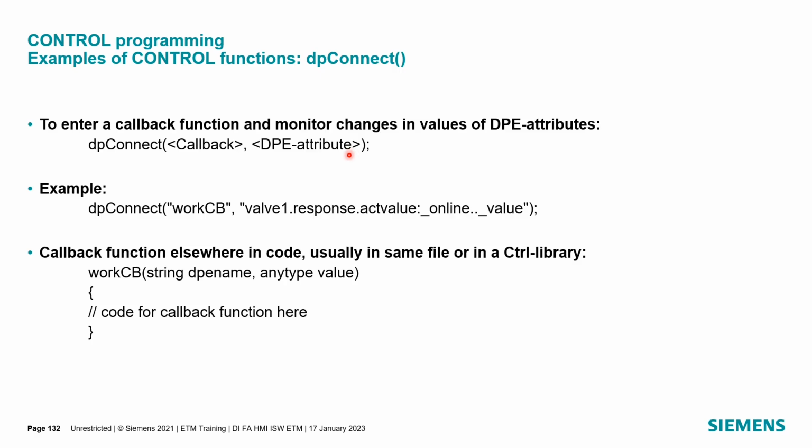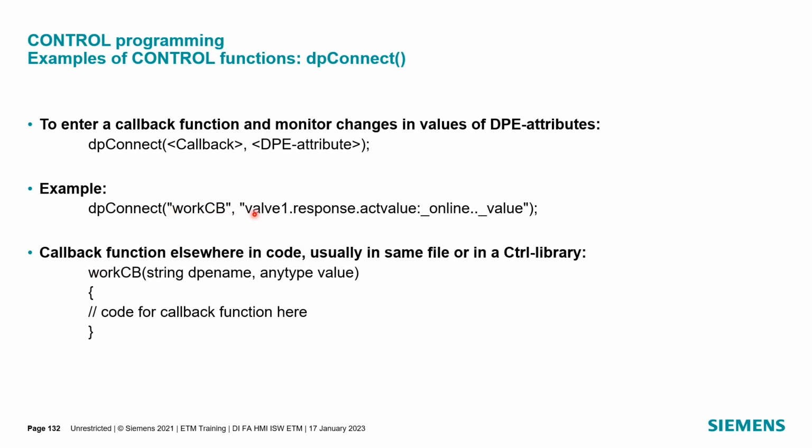And related to that, if there is a change on the data point element attribute, the system will execute a callback function. And this callback function is also defined with the dpConnect. So the dpConnect always comes with a callback function, or in detail also a class object. So for example, dpConnect, that's the definition of the callback function, which will be defined later.